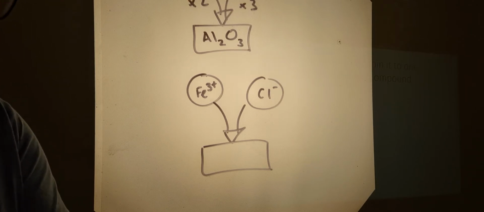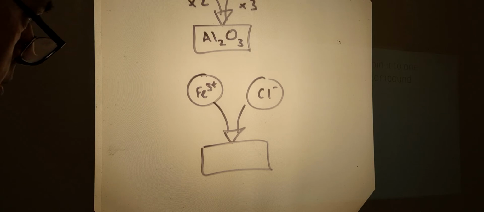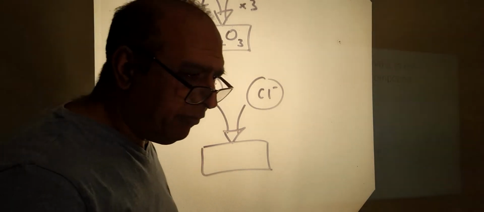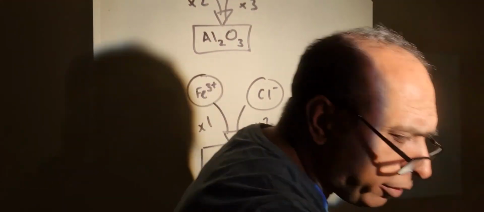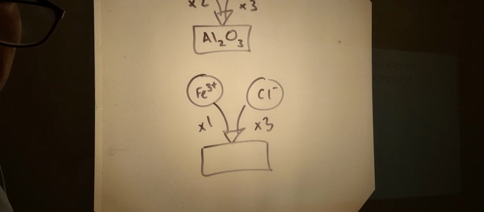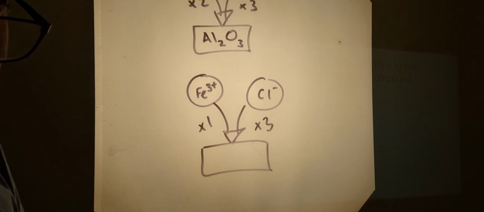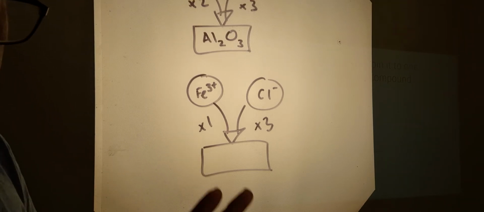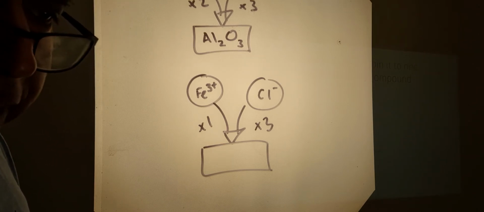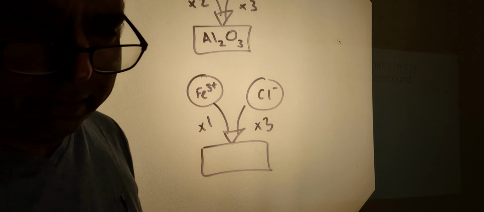To get an overall neutral box, for every 1 iron, you're going to need 3 chlorines to balance it up in terms of charge. The square box then has the ratios but no charge. The charge is only in the circles. The charge is only there for you to think about.